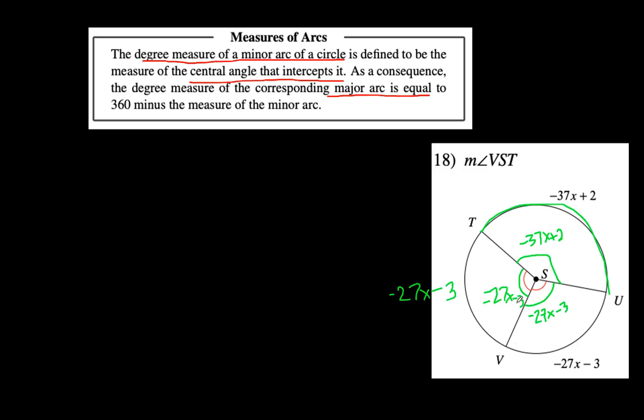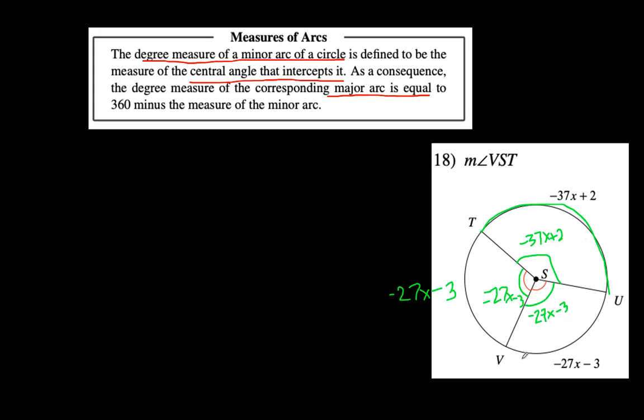Now, how do we solve this? We know that the complete circle, the complete arc, is 360 degrees. We can also use the measure of the angles here, which is equivalent to one complete rotation, or 360 degrees. Therefore, once we add all three angles, the sum is 360.